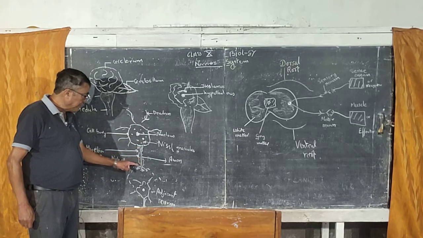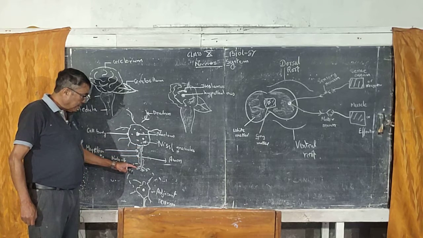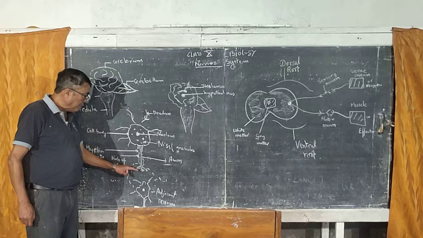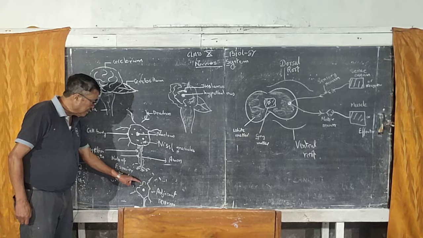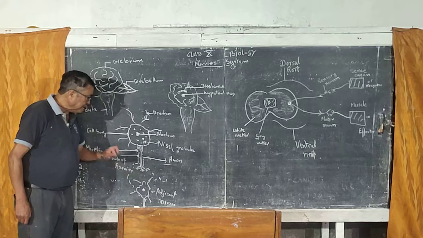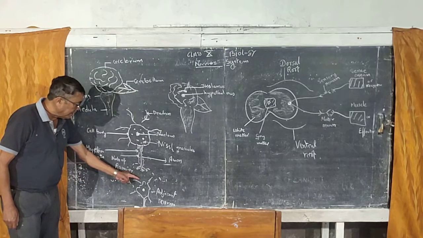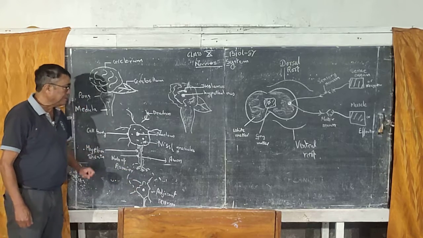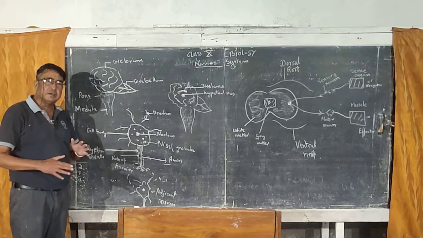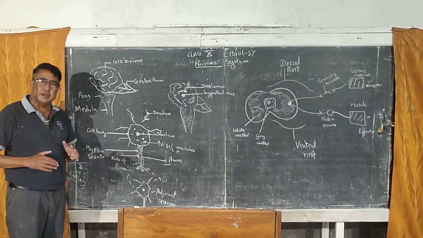When the impulse reaches the knob, the vesicle will burst and release the ACH in the gap, and this ACH stimulates the dendrites of the neighboring cell body, and so the impulse passes from one neuron to another neuron.